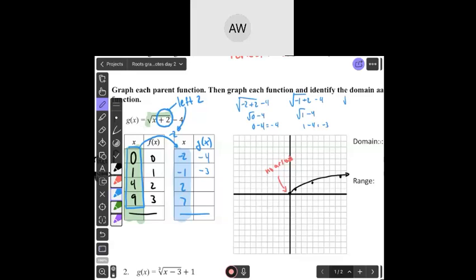Square root of 2 plus 2. I'm going to stop writing it all out. The square root of 2 plus 2 minus 4, so that's the square root of 4 minus 4, which is 2 minus 4, which is -2. And then the square root of 7 plus 2 minus 4, which is the square root of 9, which is 3. 3 minus 4 is -1.